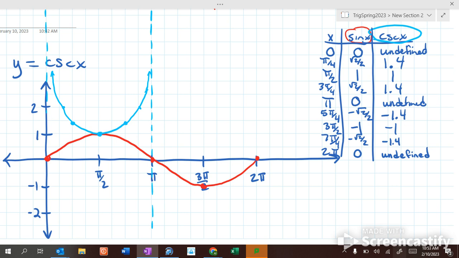So we have a curve where it's positive, and then we'll have a curve down here where it's negative.